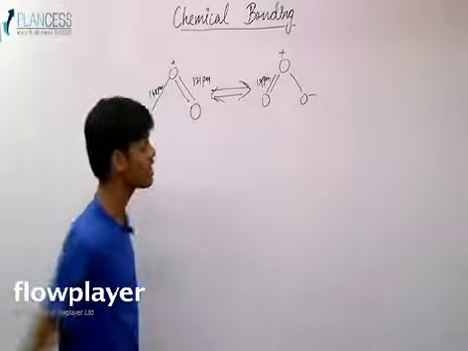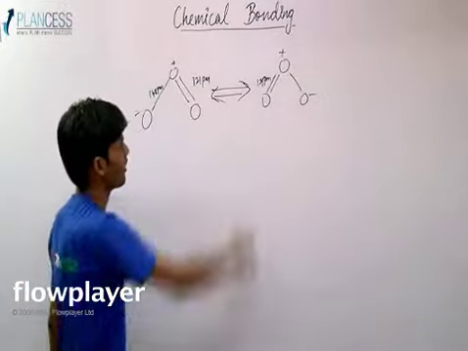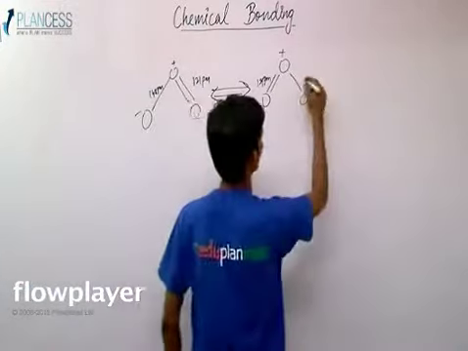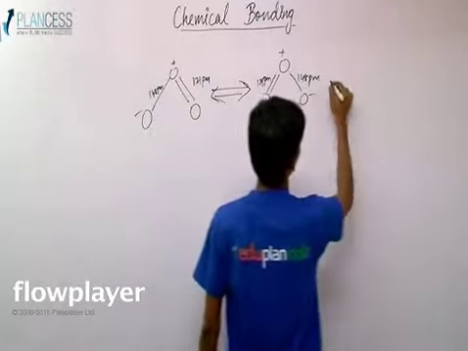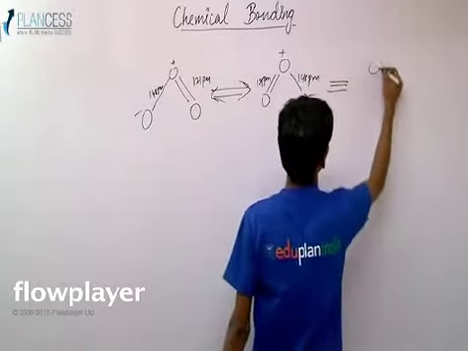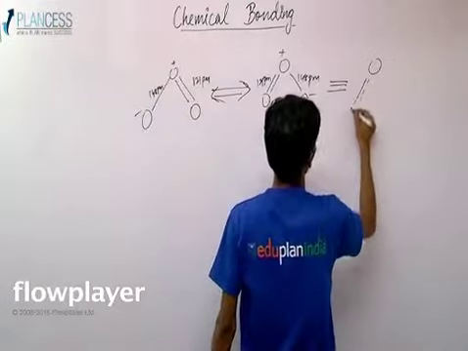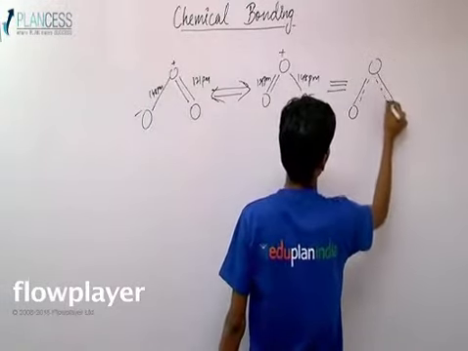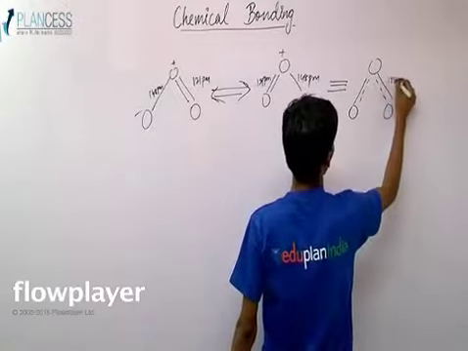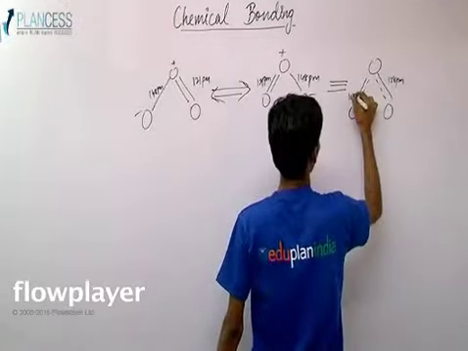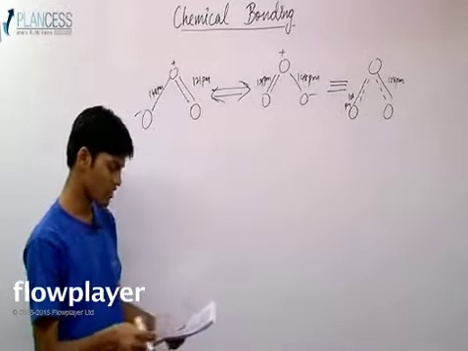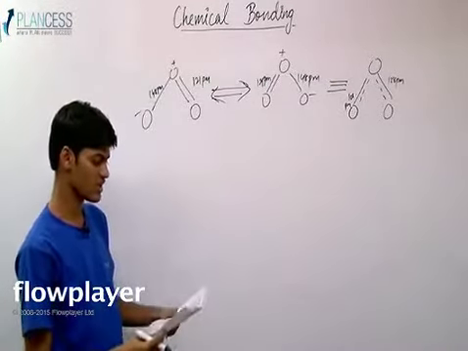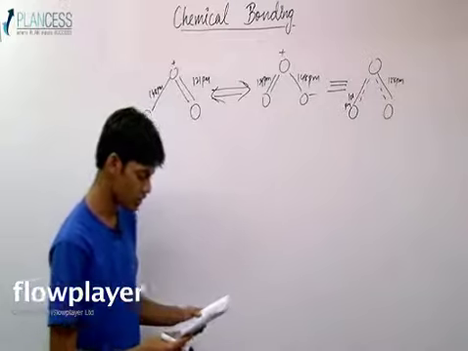Since the bond order is more, the bond length should be less. This is evident from here, which I said in the molecular orbital theory also. But what is observed is something like this, and this is 128 picometer, and this is also 128 picometer. So this can be explained through the concept of resonance, and resonance is considered in the molecular orbital.